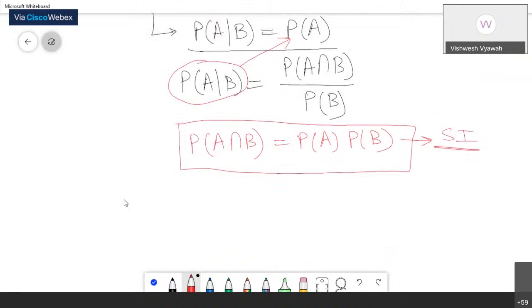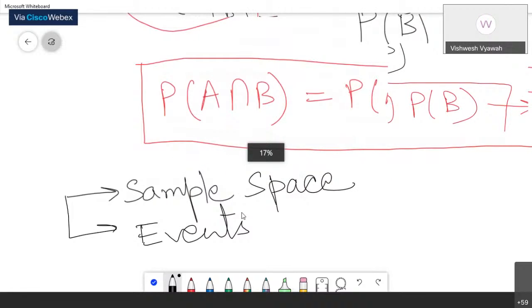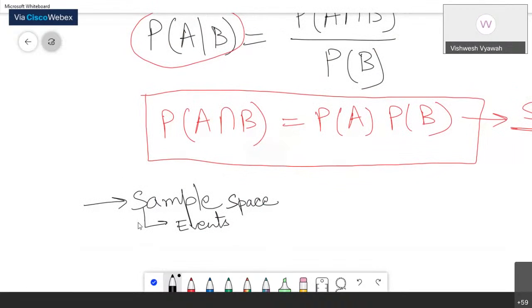Next thing I'm going to tell you, now we are going to come back. Let's take a quick recap of what we have learned. We learned about sample space, we learned about events, then we learned about something called probability.